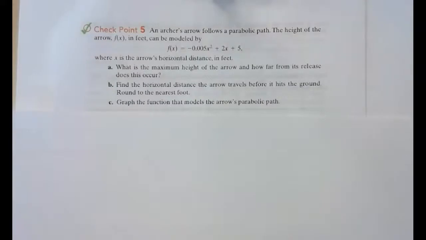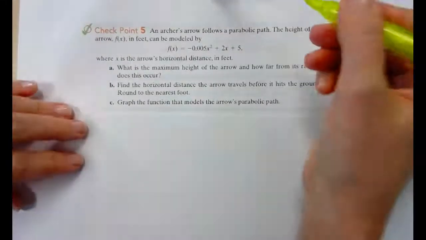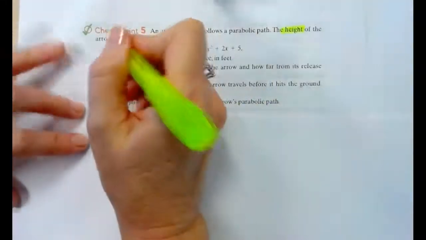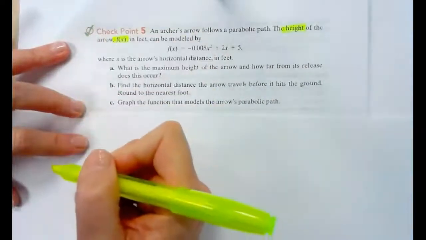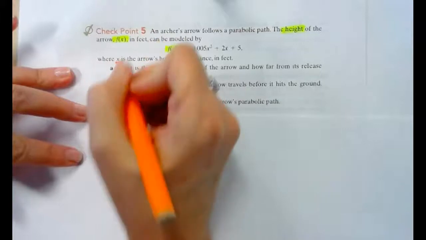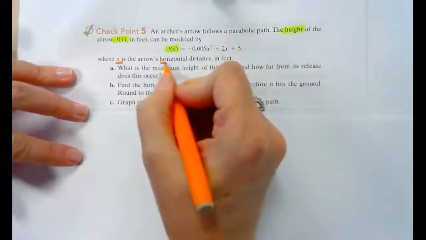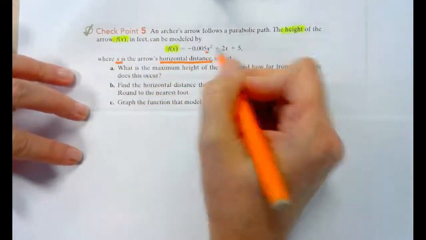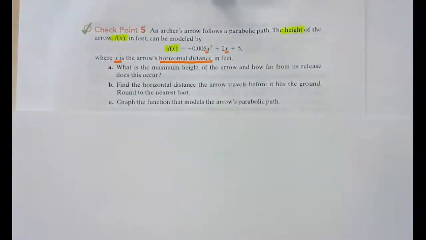So let's go back. Let's highlight what we're given once again. The height of the arrow is f of x. That's the height. Then we've got x is the arrow's horizontal distance. So there's a horizontal distance going in. So this is the height in terms of the horizontal distance, f of x.